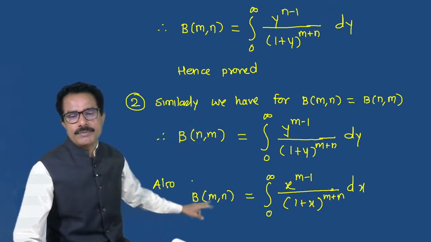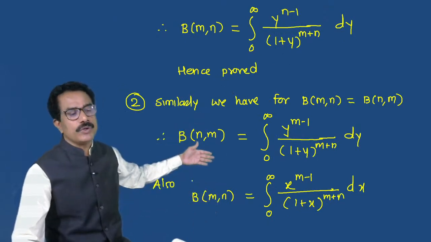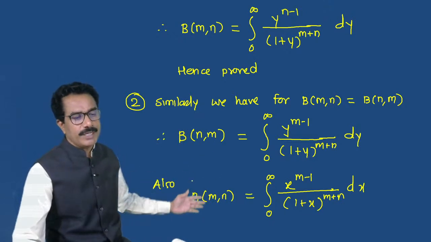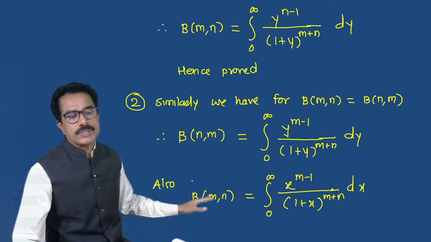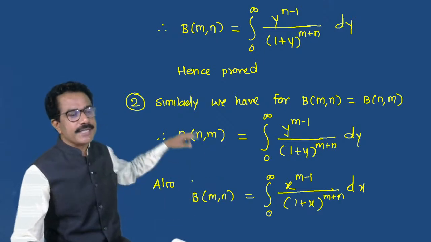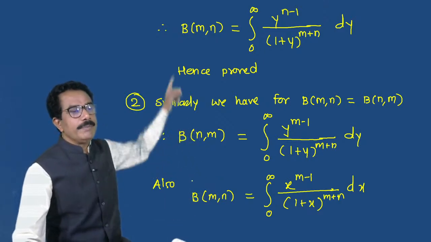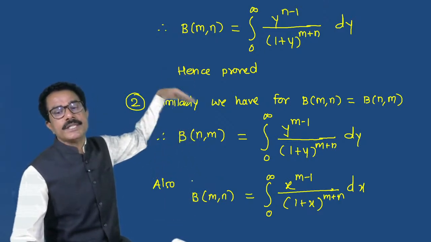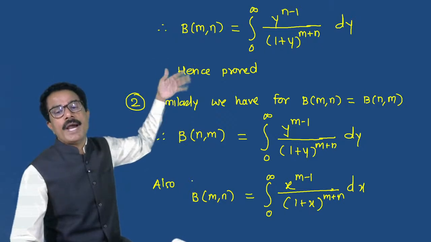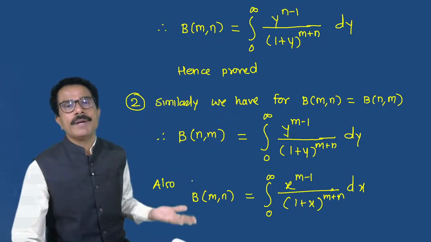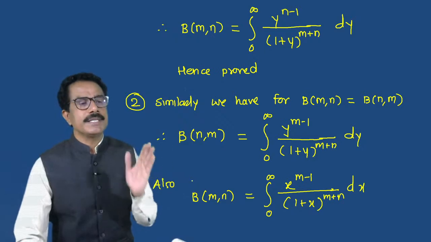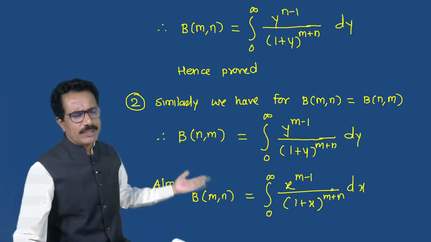So beta m comma n is integral from 0 to infinity x raised to m minus 1 divided by 1 plus x raised to m plus n dx. Or you can write beta m comma n as integral from 0 to infinity y raised to n minus 1 divided by 1 plus y raised to m plus n dy. Whichever you like, you can write.